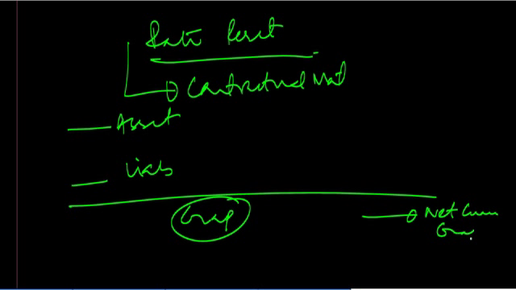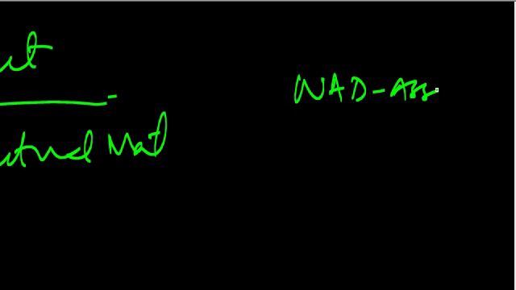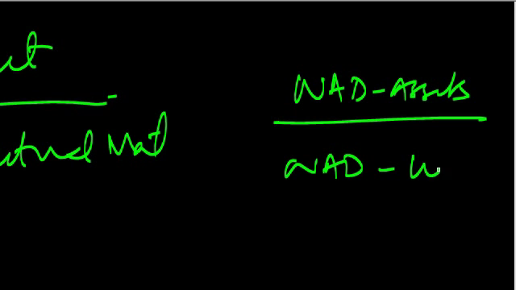cumulative gap, and then you already have the weighted average duration of assets because you have the balance sheet available, and you have the weighted average duration of liabilities because again you have the liabilities available.